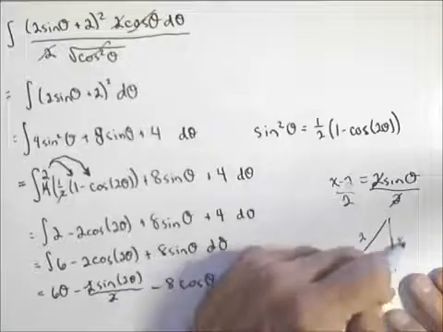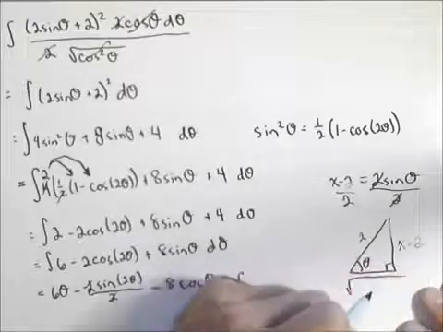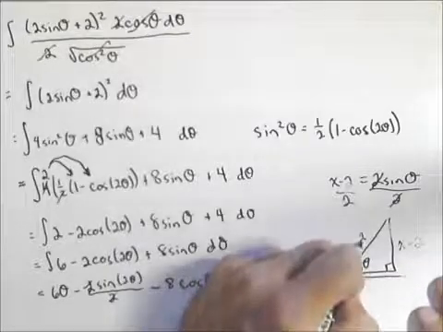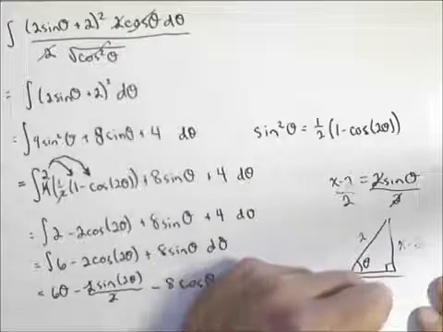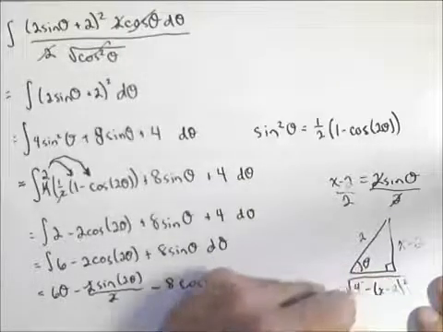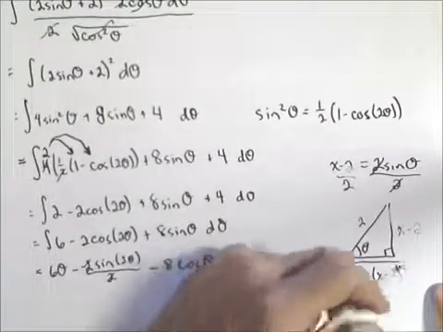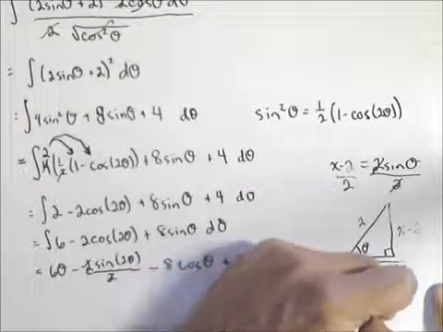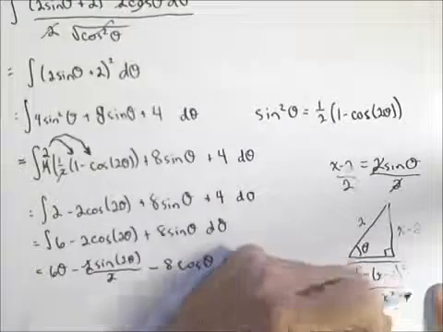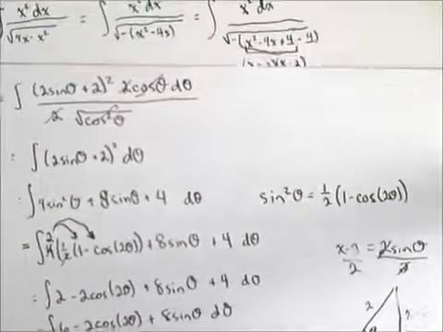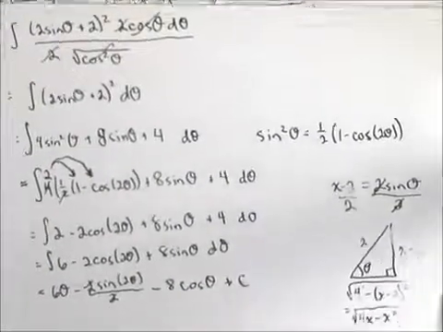The opposite side would be x minus 2, and so the adjacent side is going to be the square root of 4 minus x minus 2, the quantity squared, which if you simplify, interestingly enough, becomes the square root of 4x minus x squared. That should look familiar from our initial problem. That happens quite often with trig substitutions.